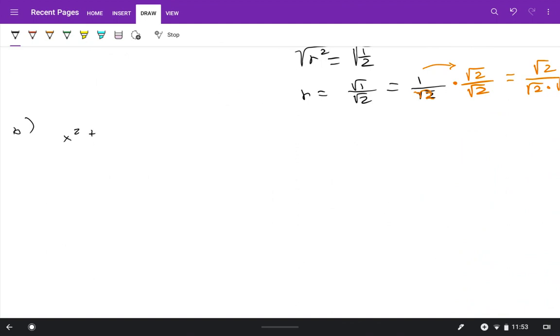x squared plus y squared minus x plus 2y plus 1 equals 0. So here we don't have any coefficients in front of x squared and y squared, so we're good to go, and we're going to group x's and y's together.